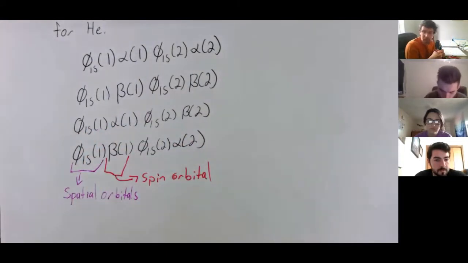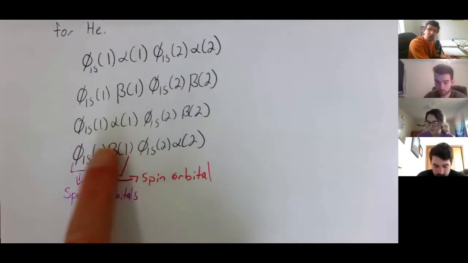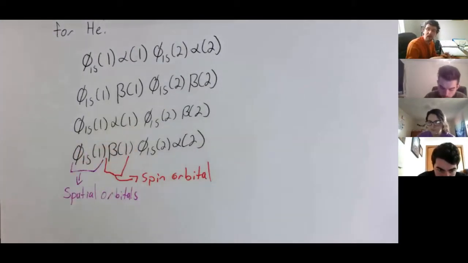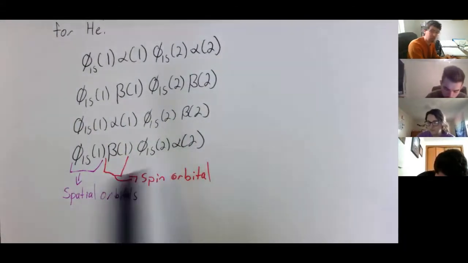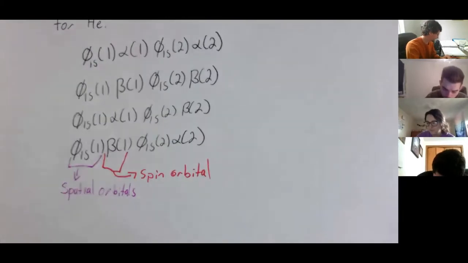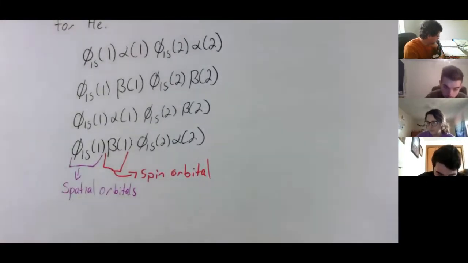The hardest part with this is the terminology. Some people consider this whole part up top, or this whole thing, to be a spin orbital. In our case, we're going to just call these alpha and beta spin orbitals. Okay, everybody got that scrambled down?